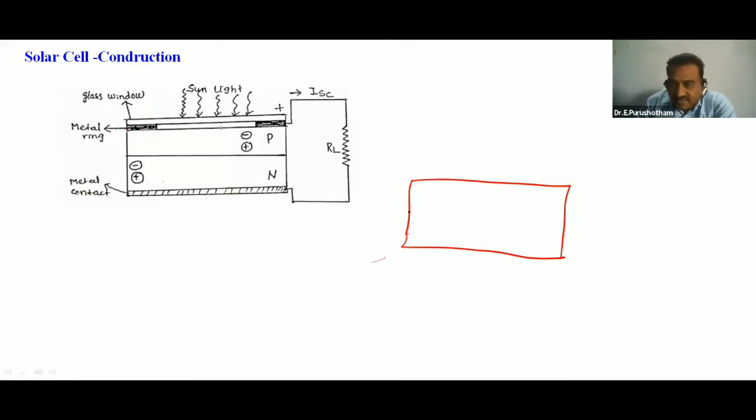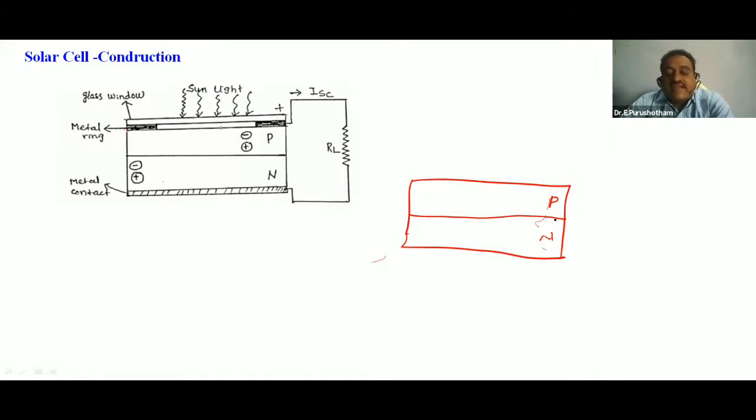This is the junction, the PN junction. The above material is P type, the below material is N type. Between P type and N type, a junction is formed.